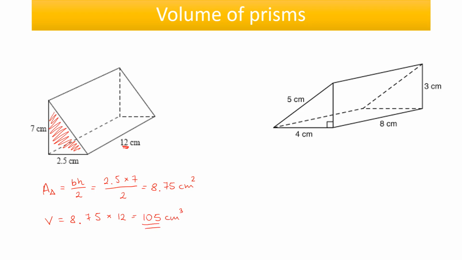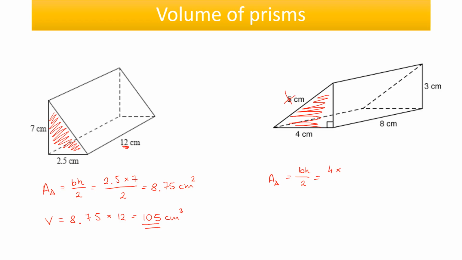And the other triangular prism, that's the cross section. So to find the area, I need to work out base times height divided by 2, that is 4 times, and now the height of the triangle, remember that it needs to be the perpendicular height, so it's not going to be 5.